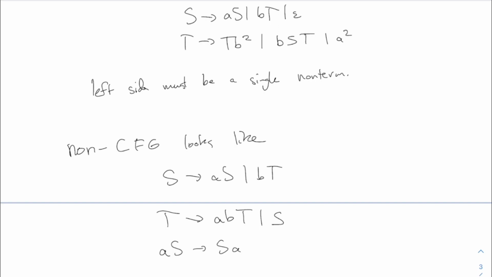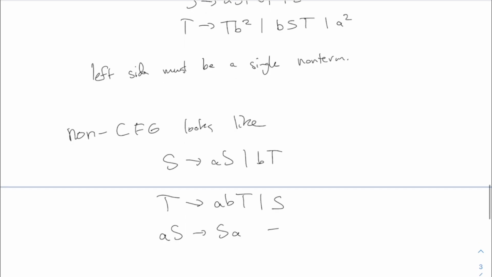This is not context-free, and it's the last one there that makes it non-context-free. The last one says if you have an A next to an S on the left, you can turn it into an S next to an A on the right. This last line makes it non-context-free.